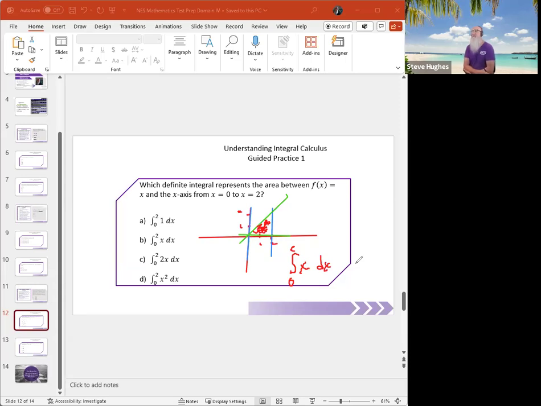Therefore, my integral is simply x dx. So the key takeaway here is use your values that are given to you, your function, your x-axis. 0, 2 tells you the limits of your integral. You can set it up there, shade the region you want to take, and go from there. And you guys are good. All right, excellent. Moving on.